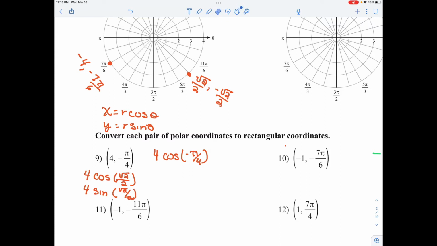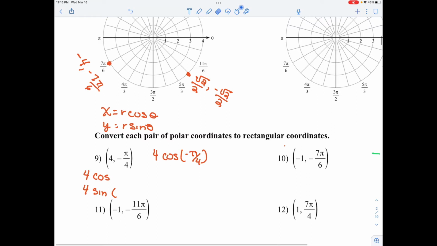I knew when I said that it was wrong. I was thinking ahead of myself. This is cosine of negative pi over 4, and this is sine of negative pi over 4. So the cosine of negative pi over 4 is radical 2 over 2, so this would be 4 over 2 radical 2.